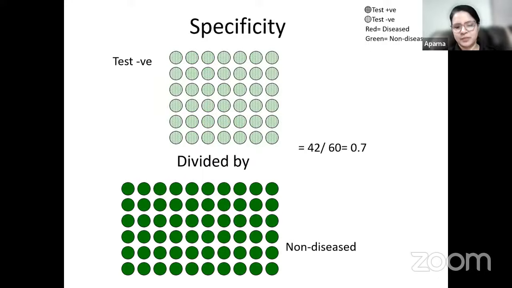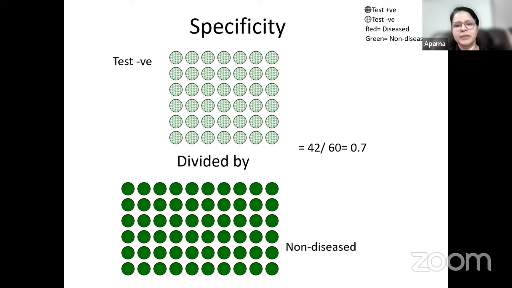Now, what is specificity? Among all the non-diseased individuals, that is non-infected babies, those who truly tested negative with the new test are going to represent the specificity. So in this example, there were totally 60 babies that were non-septic. So this represents the denominator for specificity. Totally 42 babies actually tested test negative.